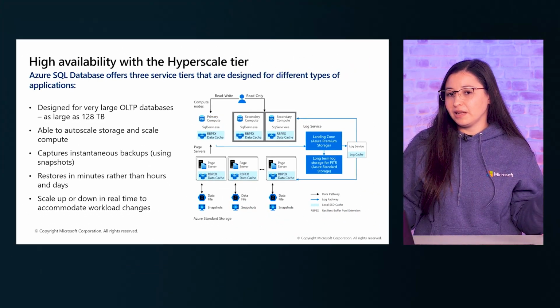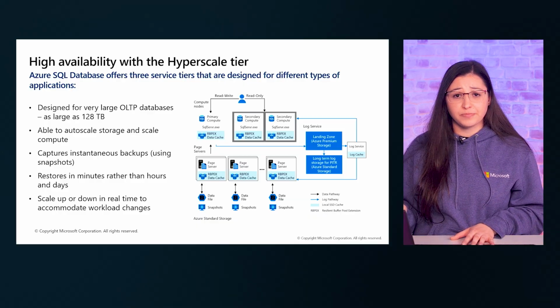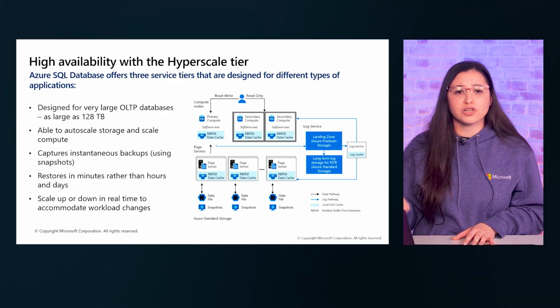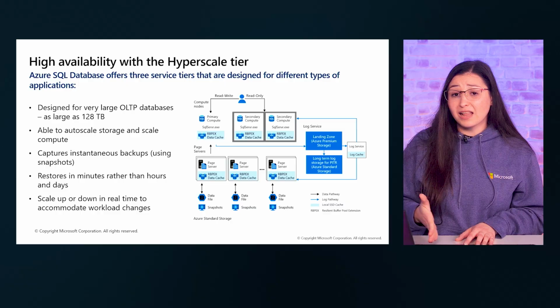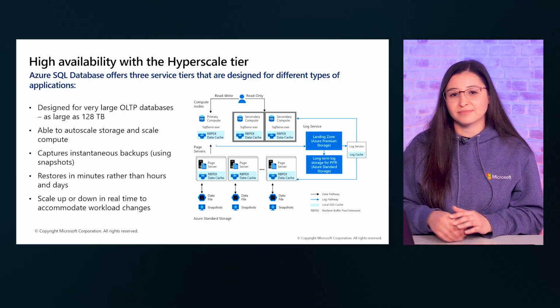The highest availability and actually cost-effectiveness can be achieved with a hyperscale tier. This is built for very large online transaction processing databases and fast recovery, allowing us to store up to 128 TB in size.